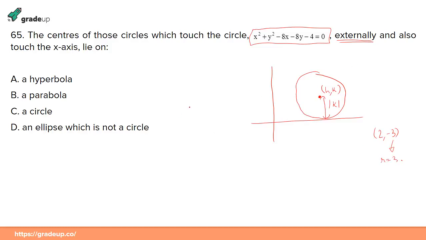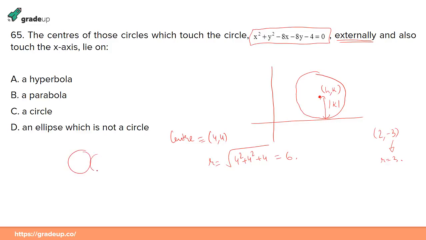And then you are given another circle which has center (4, 4), and let's calculate the radius: 4 square plus 4 square minus of minus 4, which is plus 4. So 32 plus 4 is 36, so the radius here is equal to 6.